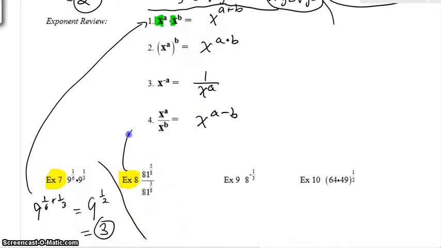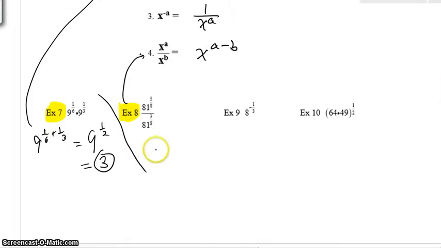For number 8, I hope you look at that problem and more or less see that it's property number 4. We will subtract our exponents. 5/8 minus 3/8. Well, that would be 2/8. And 2/8 actually reduces to 1/4.